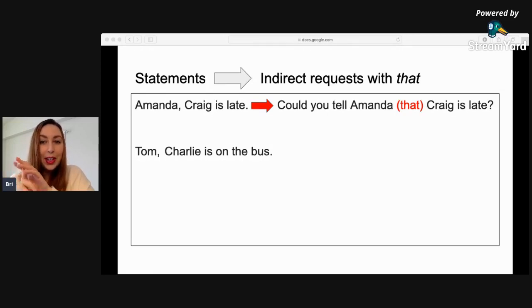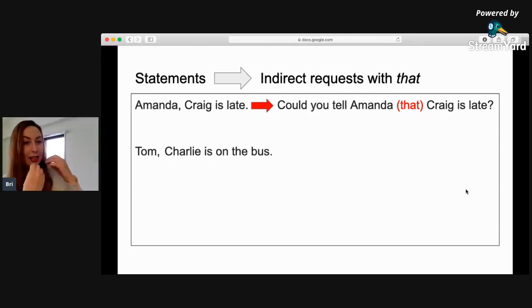If you know the answer, please write it in the comments, okay? So Tom, Charlie is on the bus. How would we make that indirect? An indirect request. So we're going to tell someone else to tell Tom this information.